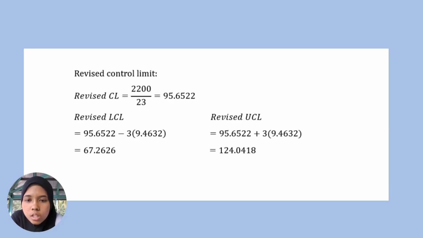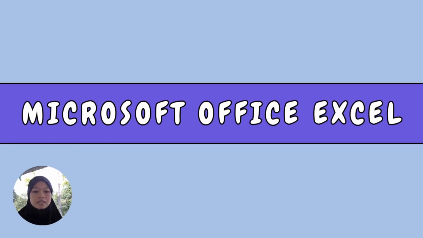For the lower control limit, it is equal to 95.6522 minus 3 times 9.4632, and we get the answer for the revised LCL equal to 67.2626. For the upper control limit, it is equal to 95.6522 plus 3 times 9.4632, and then we get the final answer for the upper control limit equal to 124.0418.